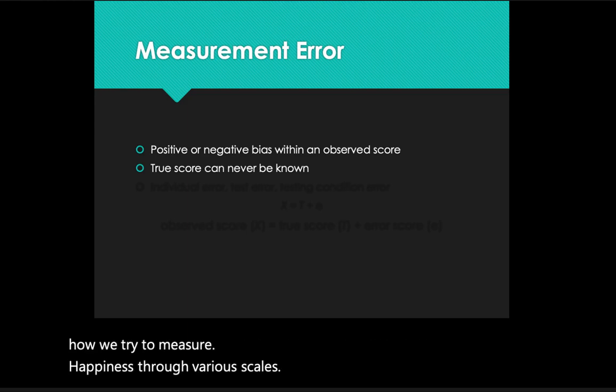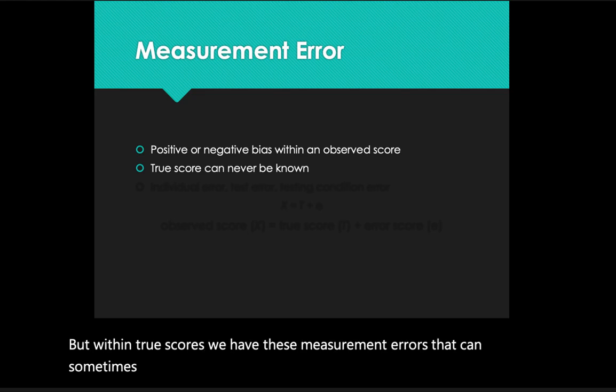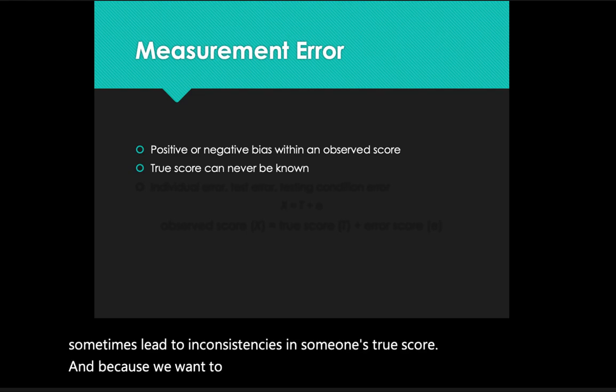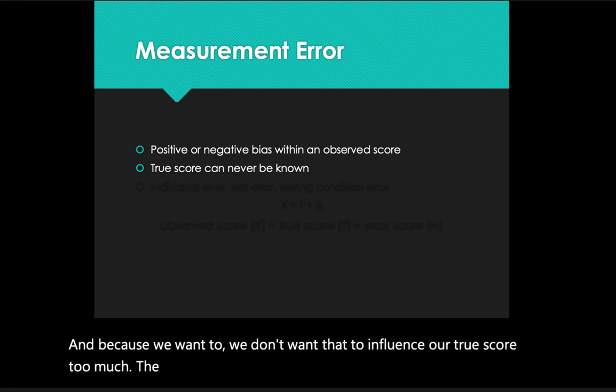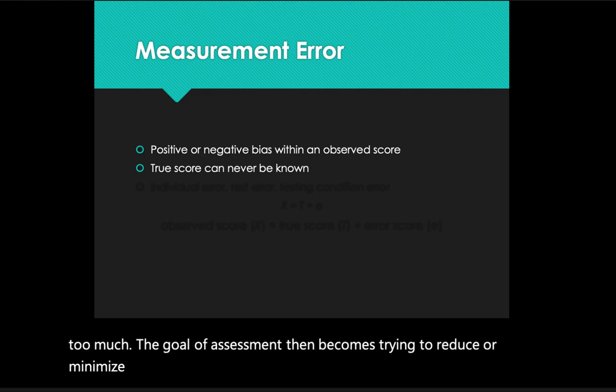But within true scores, we have these measurement errors that can sometimes lead to inconsistencies in someone's true score. And because we don't want that to influence our true score too much, the goal of assessment then becomes trying to reduce or minimize any measurement errors.